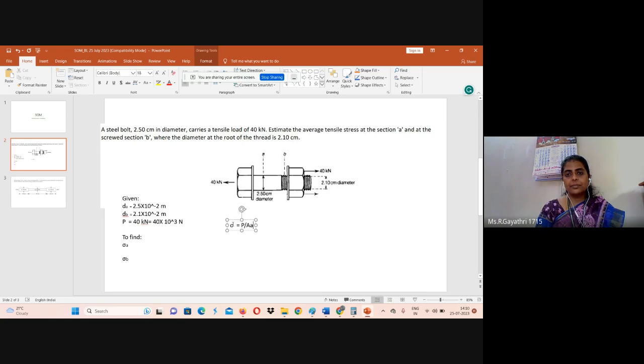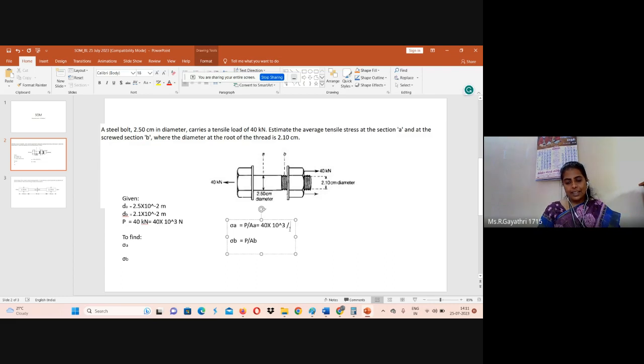Area at section A. This is sigma A. Okay, we can use the same equation for sigma B. Sigma B is equal to load by area at section B. Load value 40 into 10 power 3, divided by area.